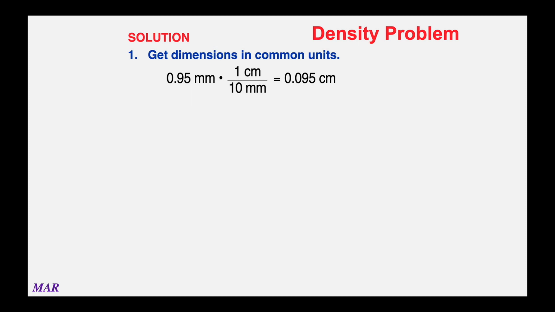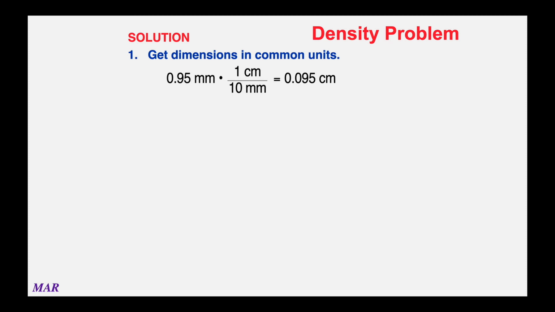If we're going to do this, the mass part, we've already got in grams, but we're going to need a volume, and a volume in centimeters cubed. What that means is we've got to get everything in centimeters before we can do any calculations. So let's turn 0.95 millimeters into centimeters.